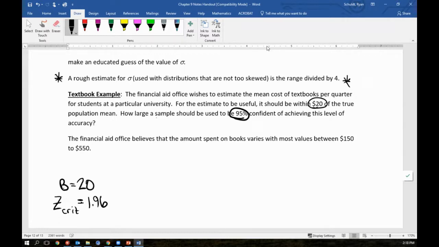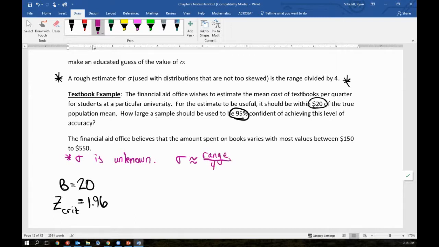Now, what's the one thing they did not give us in the problem? Sigma. So note here that sigma is unknown. We must estimate. So sigma is approximately the range divided by 4.